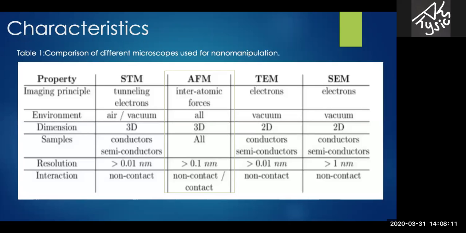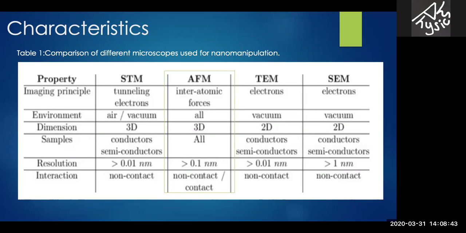This is a comparative table that compares the atomic force microscopy to other types of microscopies such as scanning tunneling microscopy, SEM, and TEM. Here, we see the biggest advantage, the biggest positive points of atomic force microscopy. As we can see here, regarding the environment, the STM, TEM, and SEM require vacuum, but AFM can operate in every environment.